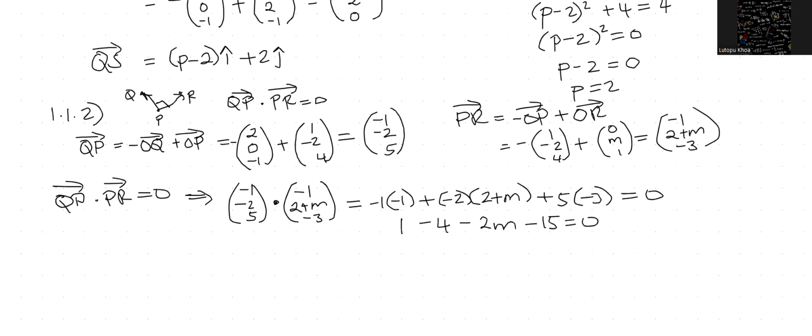So 1 minus 4 is minus 3. Minus 3 minus 15 is minus 18. So we have 2M is equal to minus 18. M is equal to minus 9.